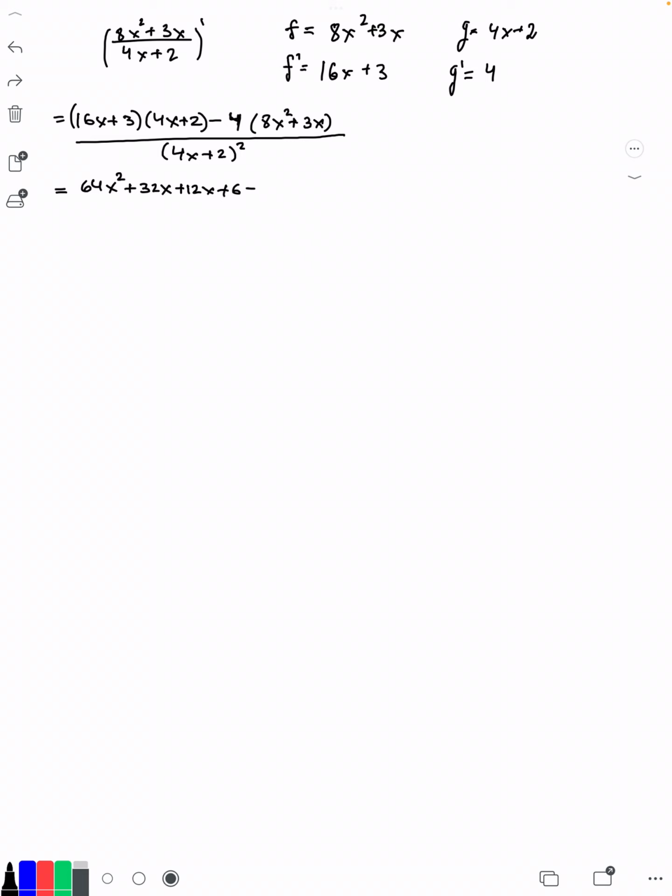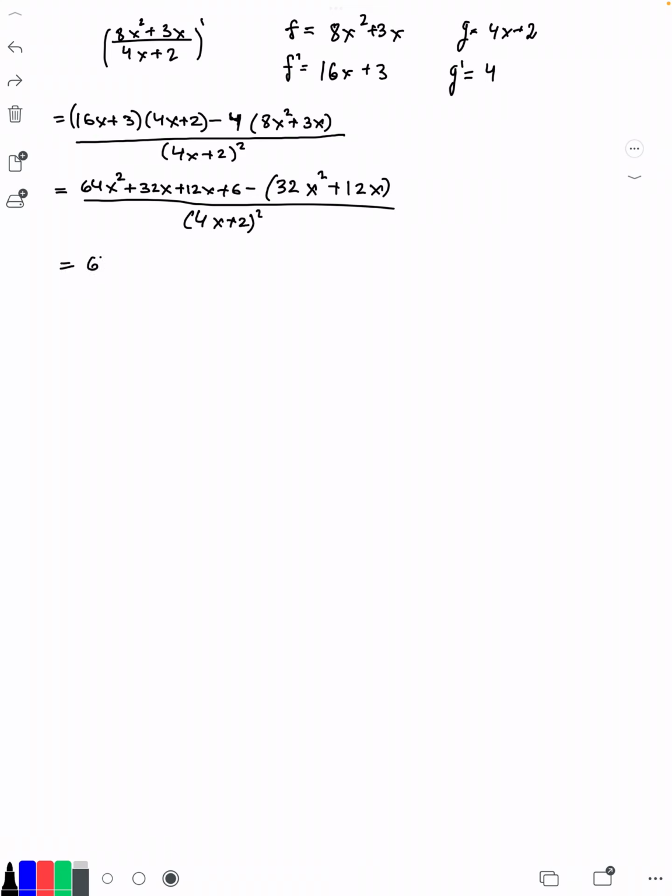I'm gonna put the minus, and now we're just gonna open parentheses and multiply 4 by 8x squared plus 3x, which will result in 32x squared plus 12x. And of course, all that is divided by 4x plus 2 to the power of 2.